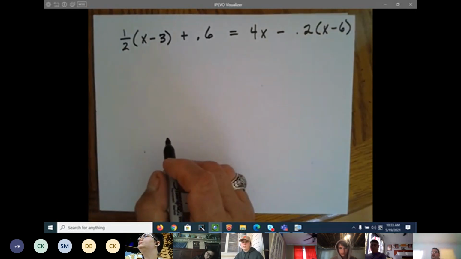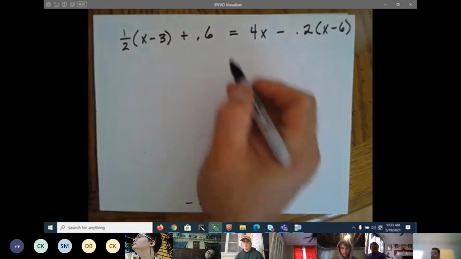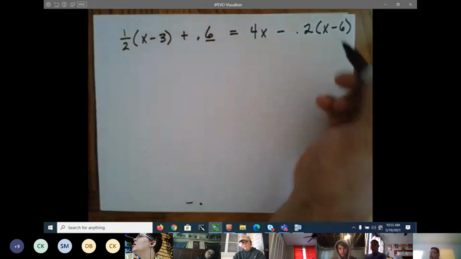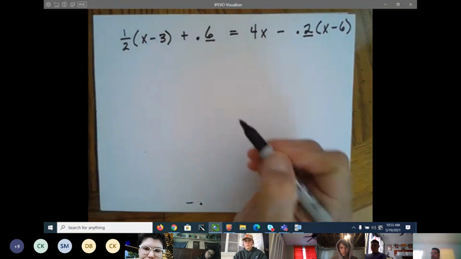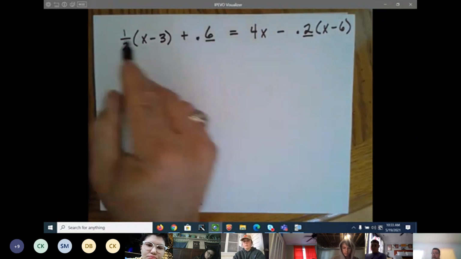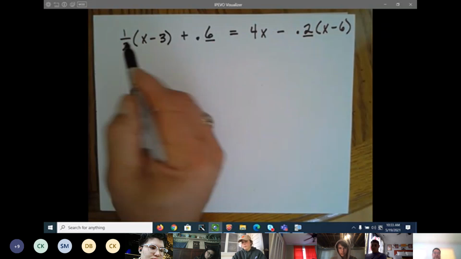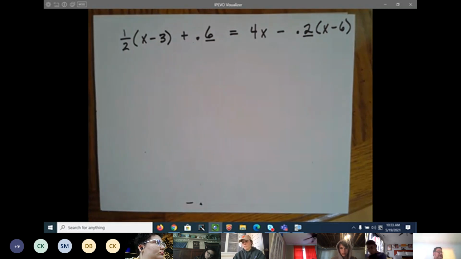Now this one has a fraction and it has a decimal in it. Place value 10th. So I'm going to multiply by 10, which also is divisible by 2. So I'm going to multiply the whole thing by 10.